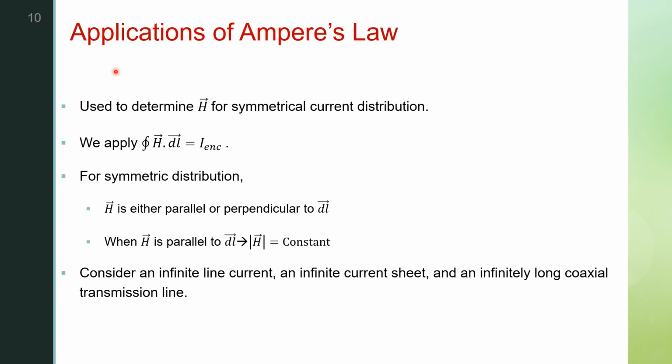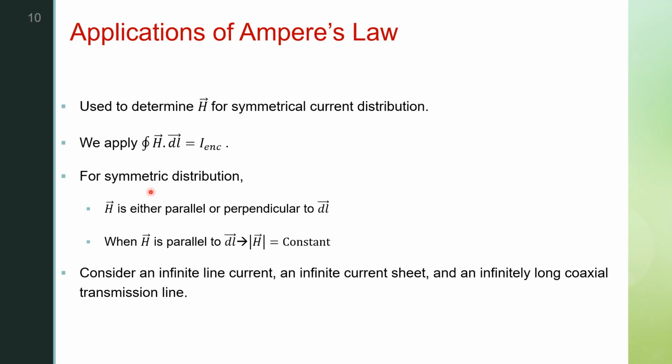Applications of Ampere's law. Just now we learned Ampere's law, and it is mainly used to determine the magnetic field intensity for symmetrical current distribution. Here we apply the law in mathematical form. You learned it is closed integral H dot dl is equal to the current enclosed. And Ampere's law we can apply only for symmetrical current distribution.